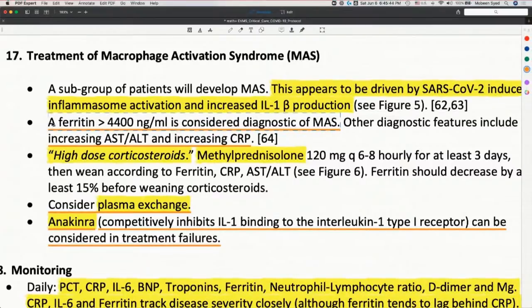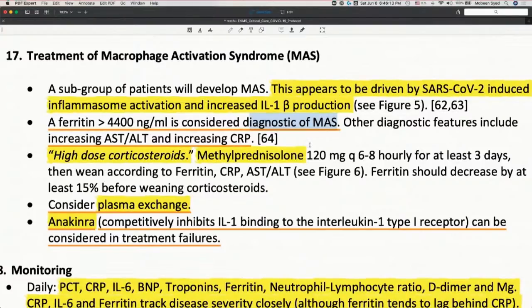A ferritin level of greater than 4,400 nanograms per milliliter is considered diagnostic of MAS. We talked about why ferritin level increases in acute infections. One, the macrophages would release more ferritin, and number two, ferritin is also built as an acute phase protein. So ferritin is a good indicator that there is an acute infection and inflammation going on.